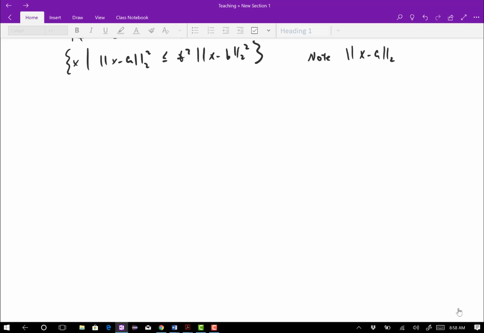Then it would be x1 minus y1 squared, and let's just square this, we don't have to deal with the square root, plus x2 minus y2 squared. This is in the case where x and y have 2 elements.